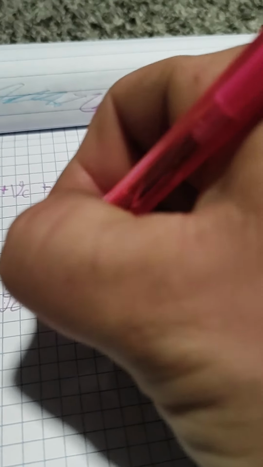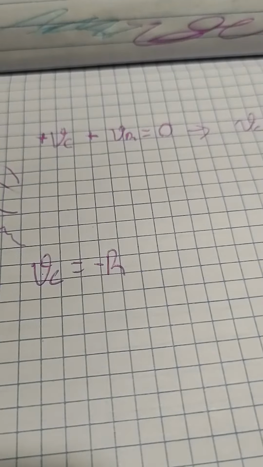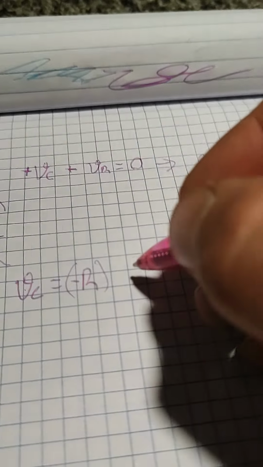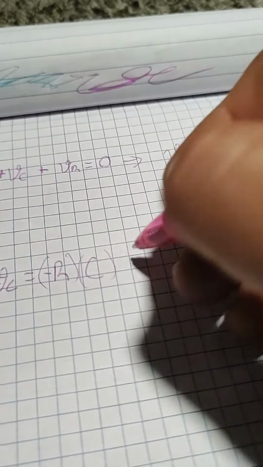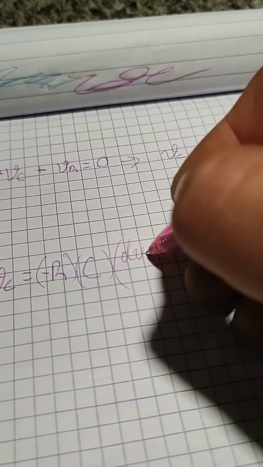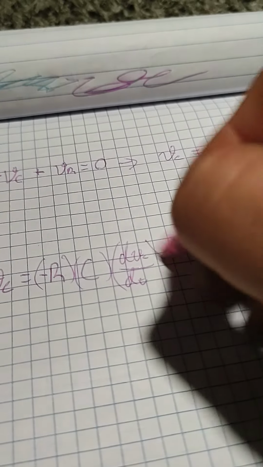So let's just rewrite this. We have Vc is equal to minus R, that's the resistance, times the capacitance times the differential change in the voltage of the capacitance over the differential change in time.